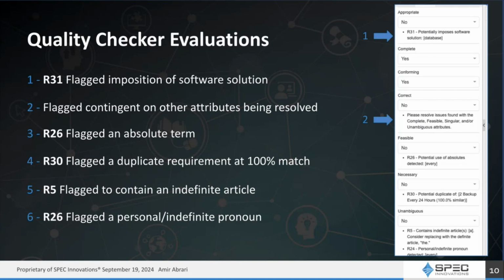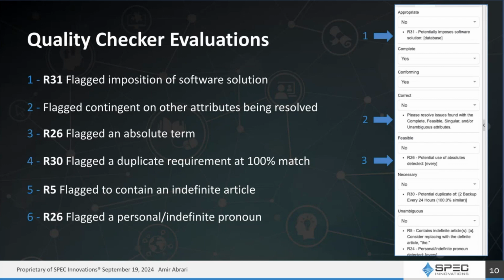The reason is that a lot of times the combination of these things contributes to a requirement being correct or not. For step 3, we have R26, a potential use of an absolute detected. And in the brackets, we see every. So the word every is being flagged because we're mentioning an absolute in our requirement.